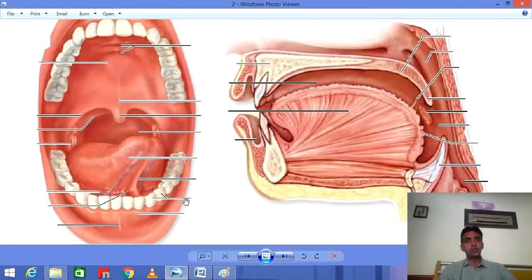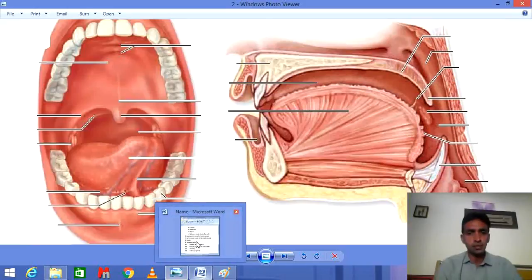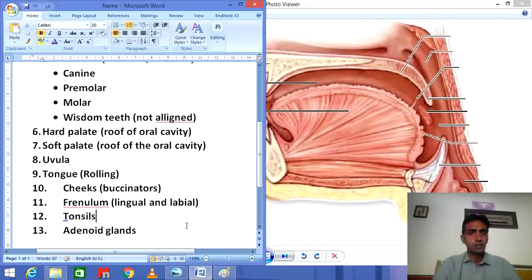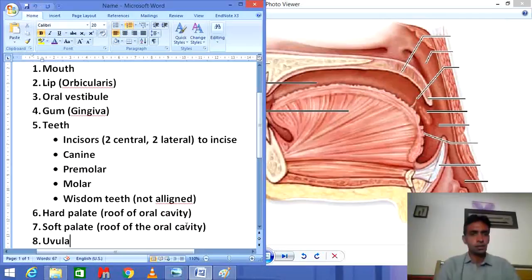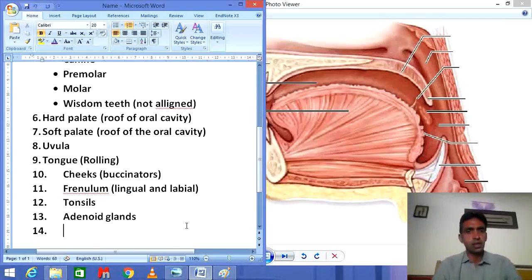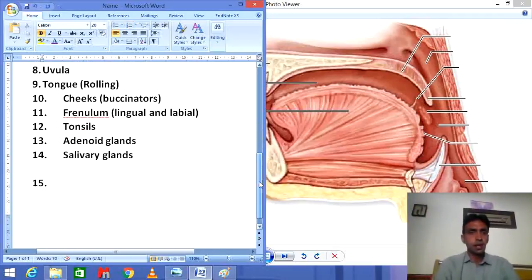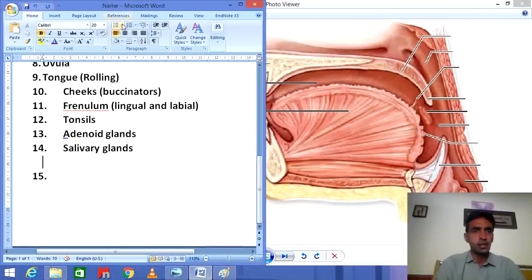Now coming towards the salivary glands, where are salivary glands present? Salivary glands are of three types. Salivary glands are basically having three main types.